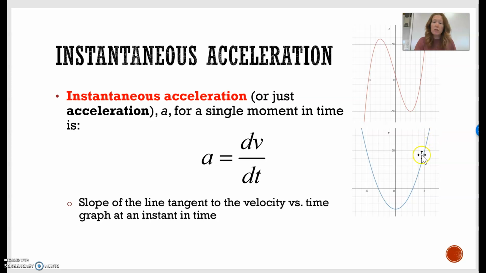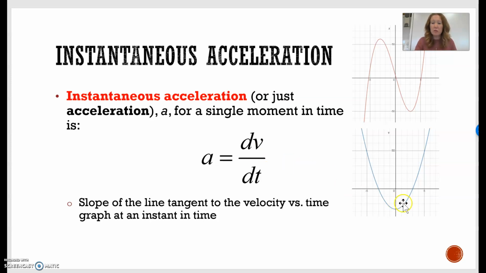In calculus terms, that would be the first derivative of the velocity function, and that gives us the instantaneous acceleration. What is the rate of change of velocity of this object right now? That's what we refer to as the instantaneous acceleration.